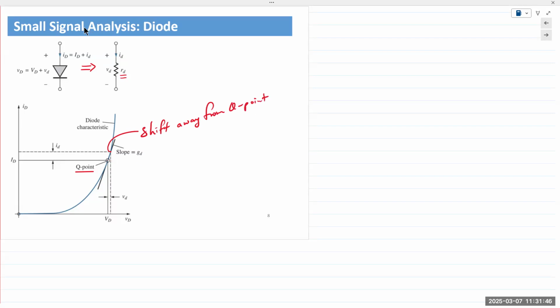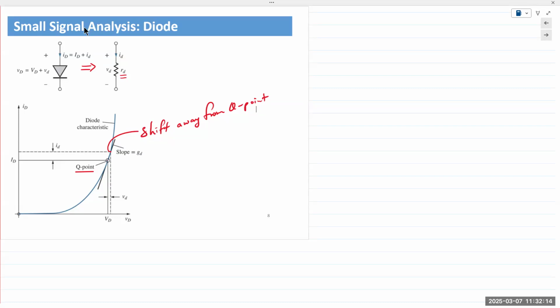So now you have 2 points on that characteristic. And those points are very close together. So effectively, they are linear. The distance between the 2 points is small. So we can say it's the linear portion of the diode characteristic.